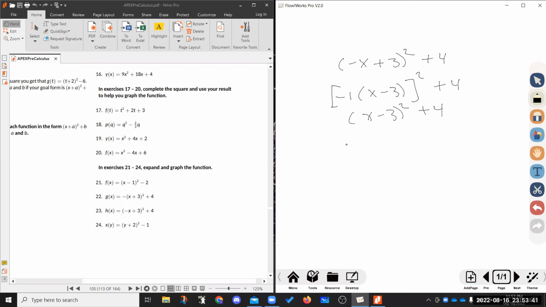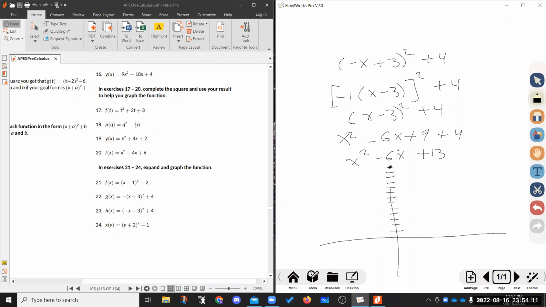Let's expand it. There are no factors of 13 that are going to give me a sum of -6, but 13 is going to be my y-intercept. So 1, 2, 3, 4, 5, 6, 9, 10, 11, 12, 13.